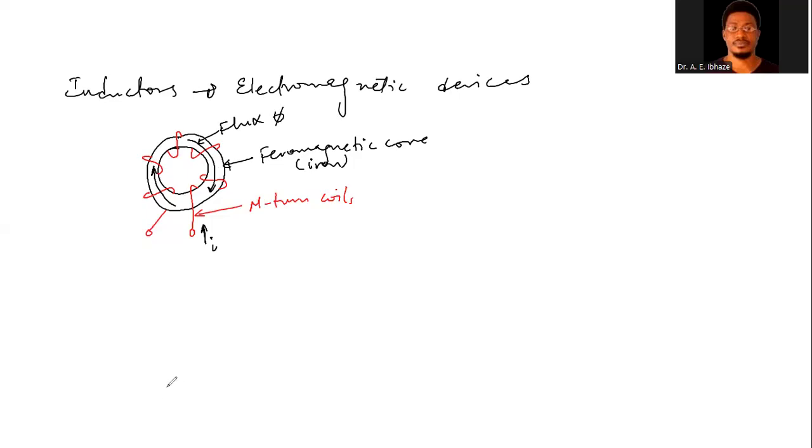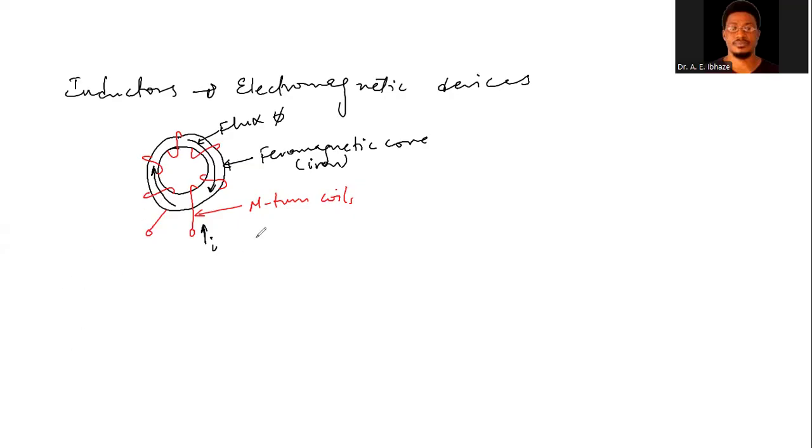We already know the reason an iron core is used. It's because they are good conductors of magnetic flux. So the coil, this coil in red, links this flux N times relative to the number of coils, the N coils.